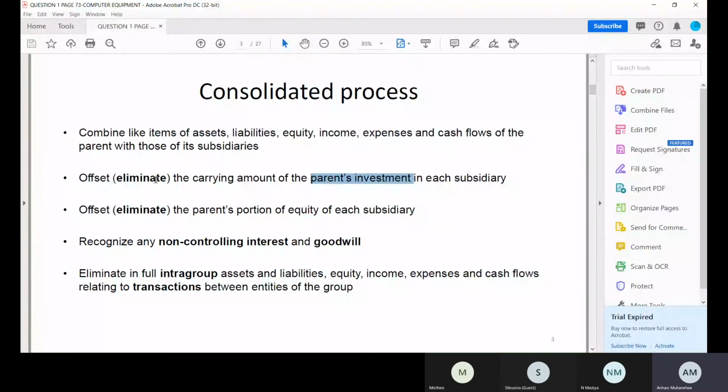But for now, this is a manual, this is a script. If you want to do consolidation properly, first combine the like items. Secondly, eliminate the carrying amount of the parent's investment in each subsidiary. And they say each subsidiary, so as you go to postgrad level, you might find that the company has more than one subsidiary, but for this level, we normally give you one.